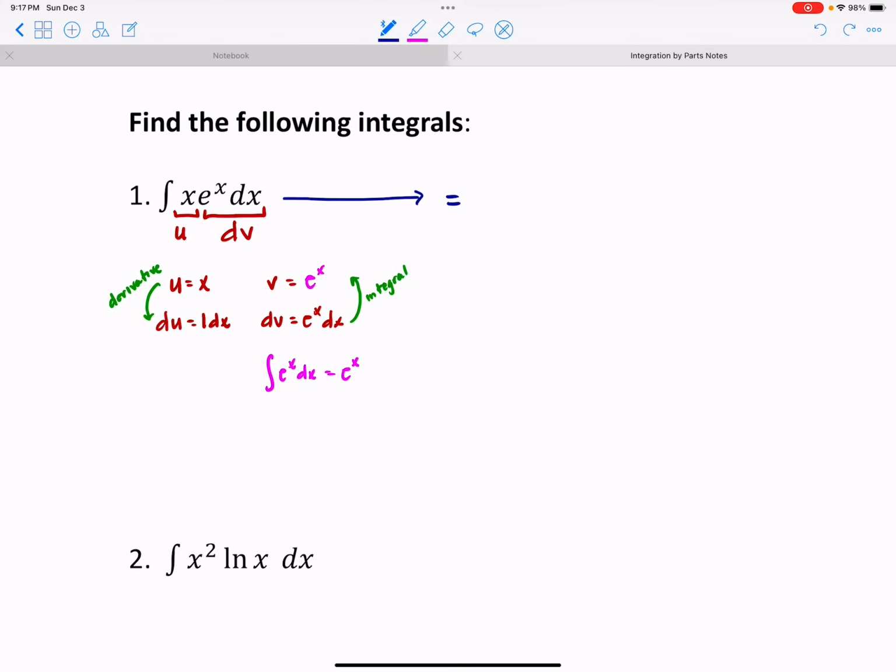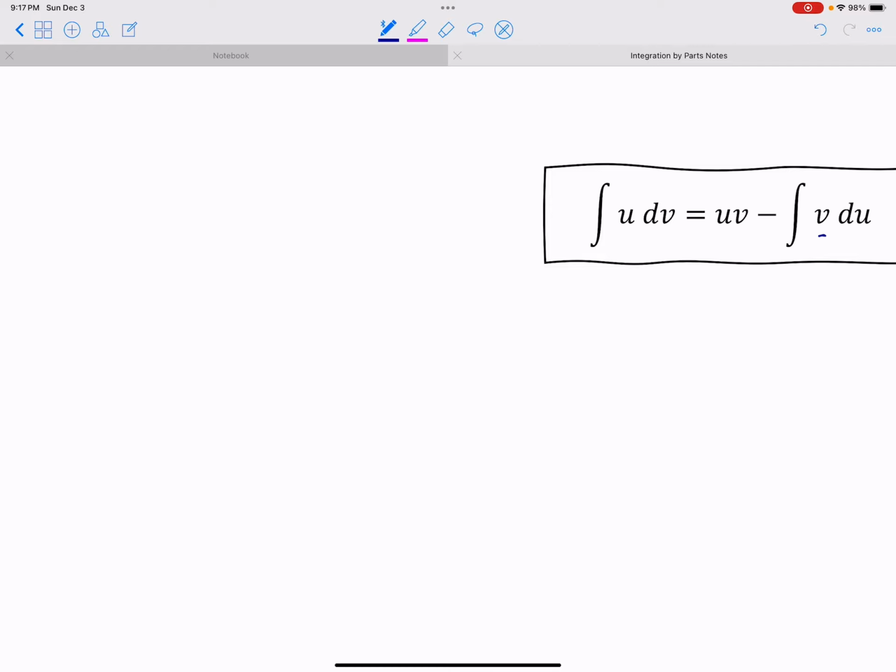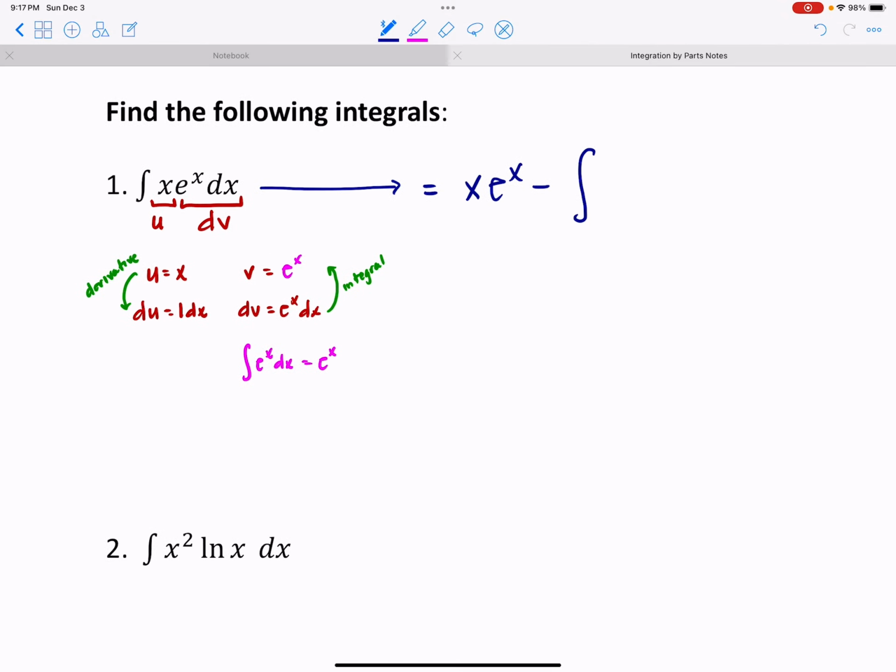So u times v, that's these two pieces. So that's going to be x times e to the x minus the integral of v times du. So v, which is e to the x, times du, which is just 1 dx.